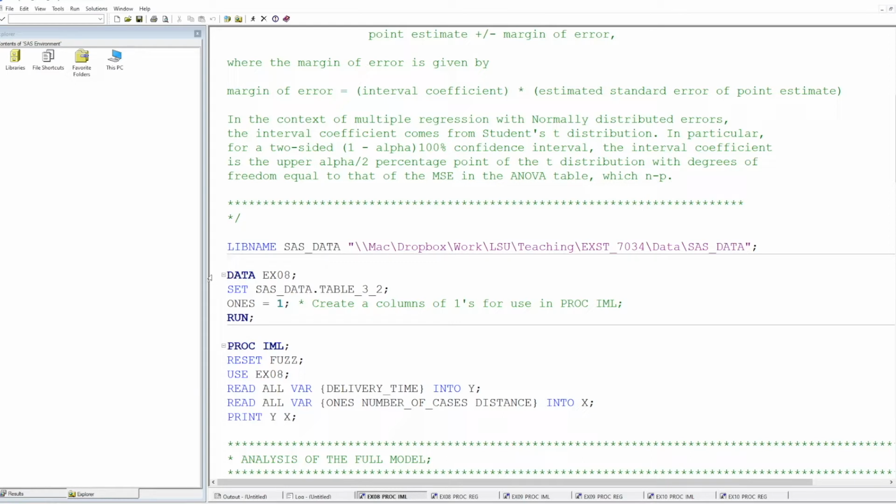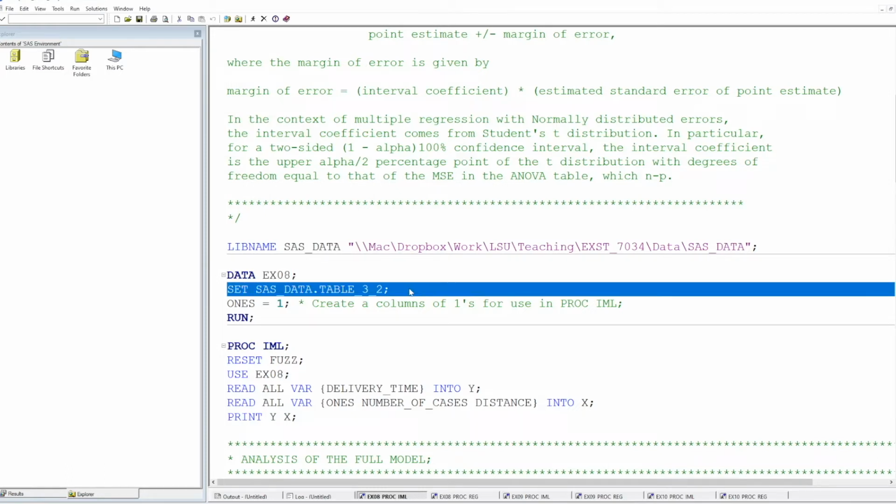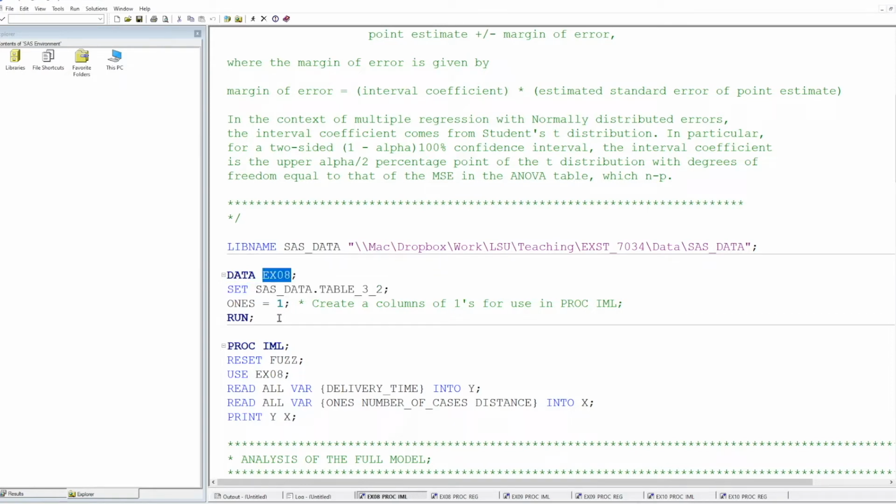Then we're going to create a temporary version of the data set. I'm going to call it EX08 for example 8. We open up the actual data set, which populates the temporary data set. You'll recall that in PROC IML, we're going to need a column of 1s in the design matrix. So I'm going to create a variable in the data step here, called 1s, and that variable is just going to contain a 1 for each observation.